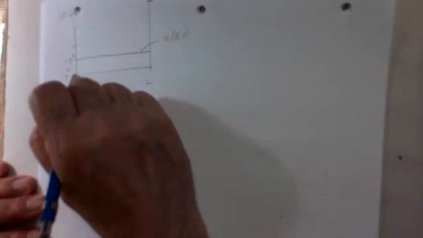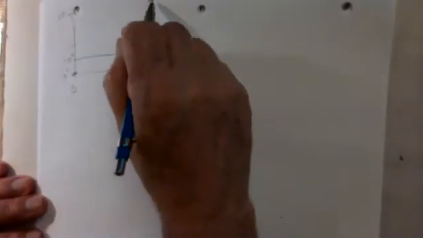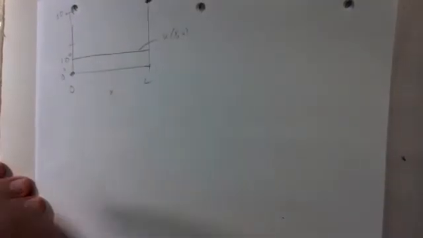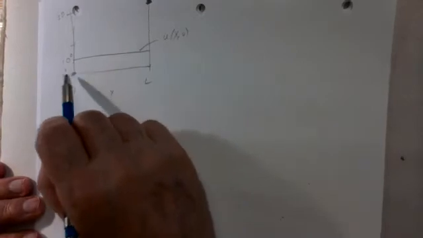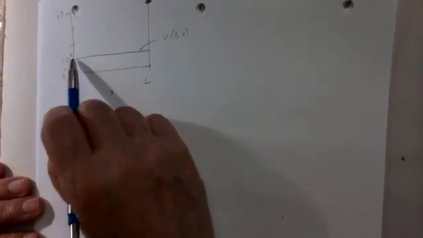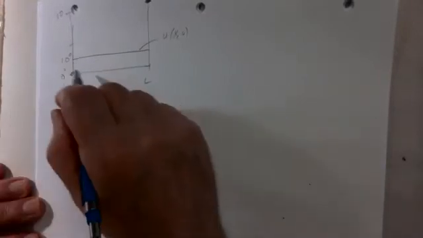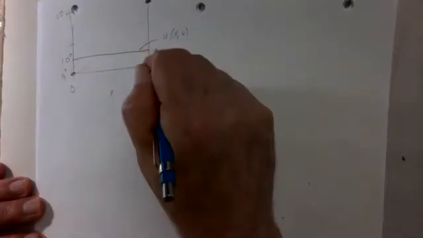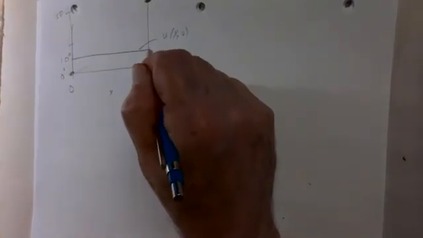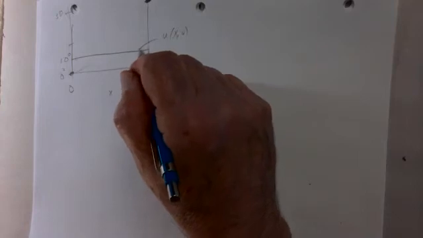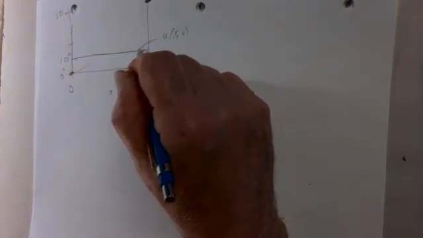For t greater than 0, the temperature at the left end is 0. The temperature at the right end is 50. So what do you expect to happen? If this is 0, as soon as you go in a little bit from the left end, you expect this to cool. If this end is at 50, and you start at 10, with time, you expect this part of the rod to heat up.